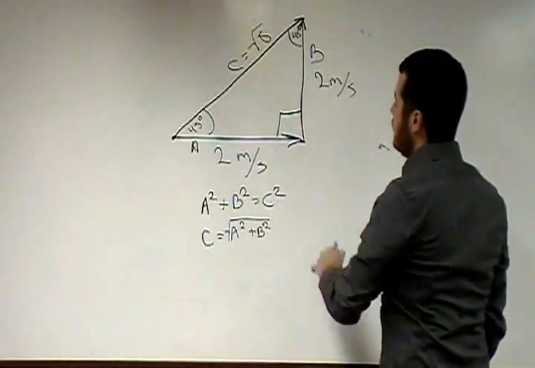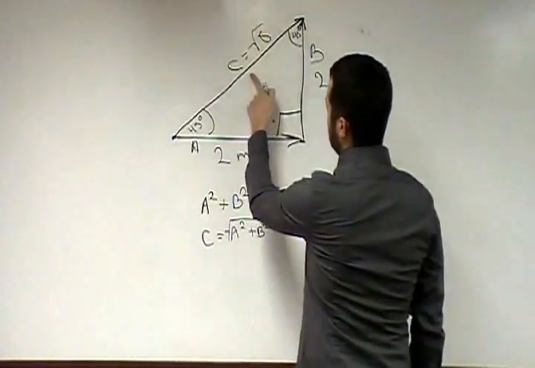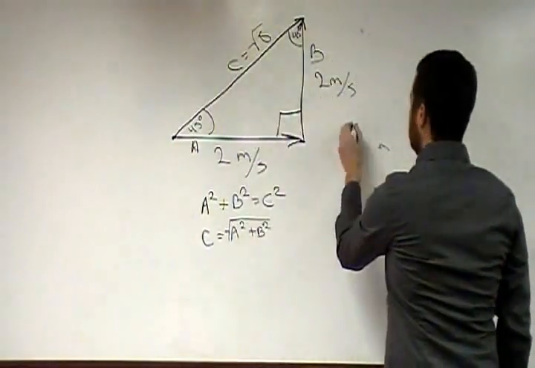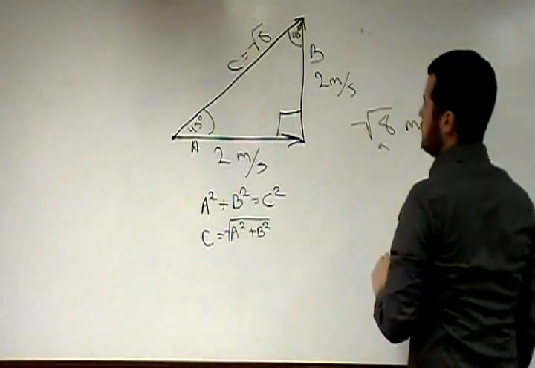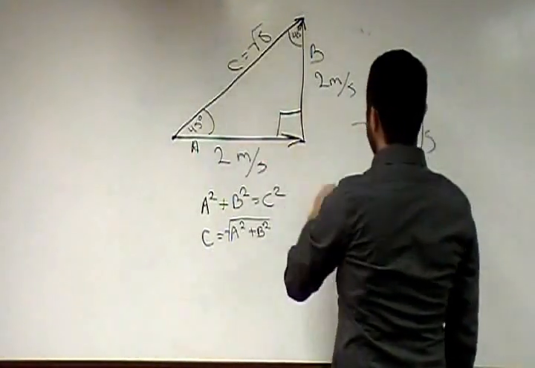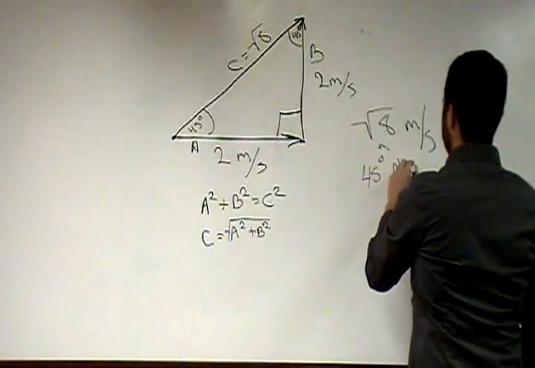So, using these two vectors, we've determined that the resultant vector has a magnitude of the square root of 8 meters per second and is 45 degrees above the horizontal.